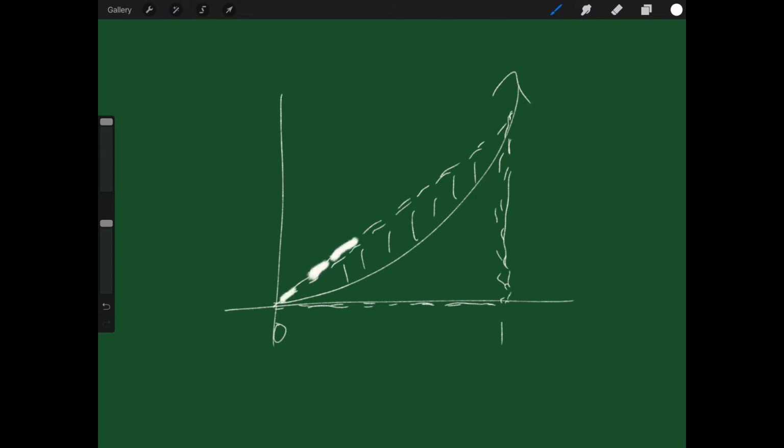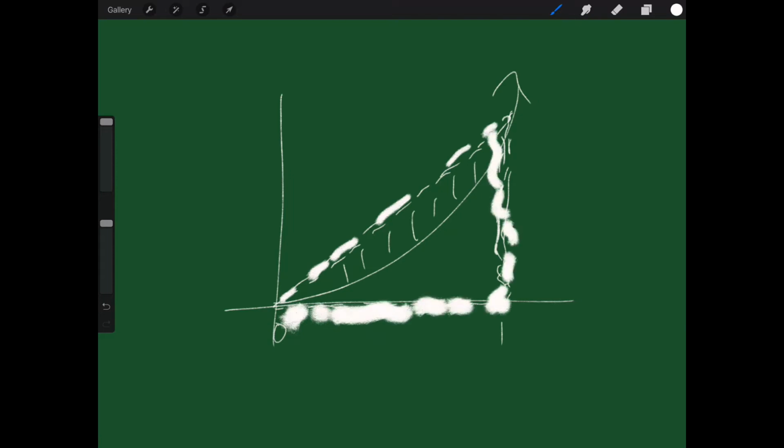And what is the area of this triangle right here? Well, it's a half, because this is a 1 by 1 square, right? And this is half of that square, so the area is a half. Okay, great. That would be an estimate. It's not a perfect one. We could probably do a little bit better, so let's try.